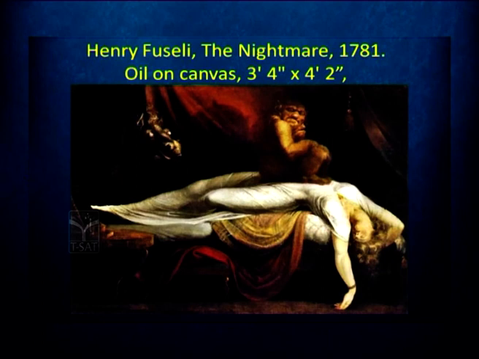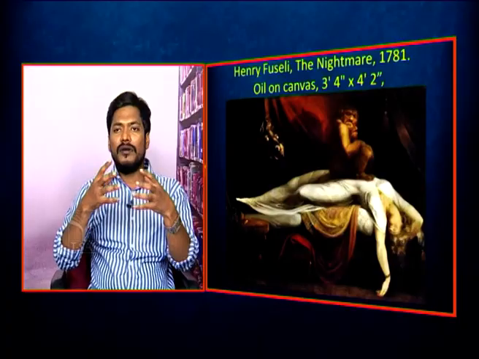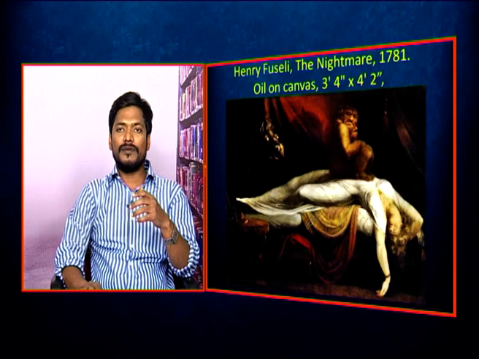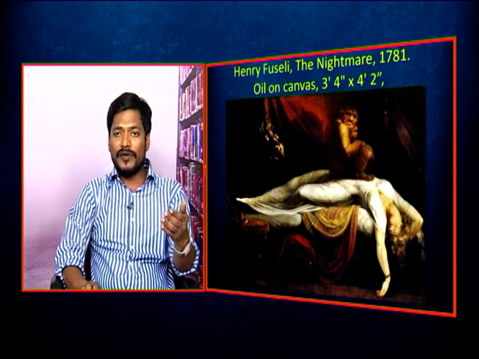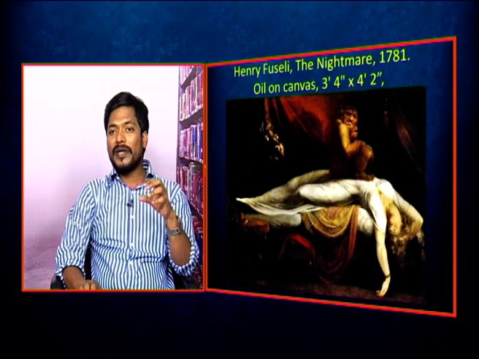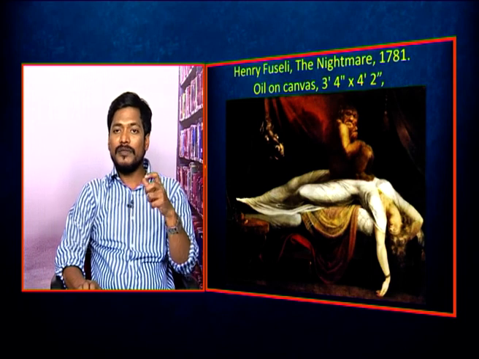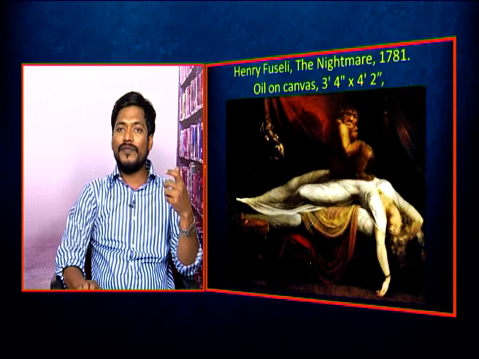It is called The Nightmare, right, and you see a female figure sleeping, and right on the female figure you have a grotesque figure, a sort of demon sitting, right. So this is not something that we see regularly every day, it is not reasonable, but it is the dream, and dream is more about imagination and feeling, right.